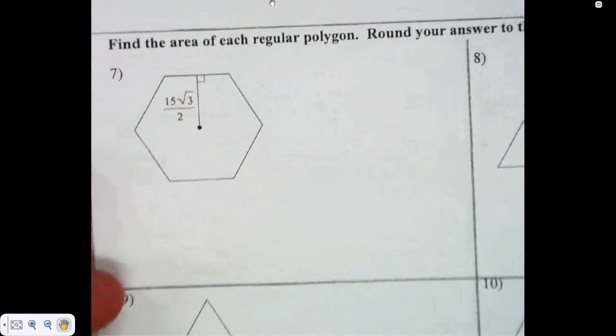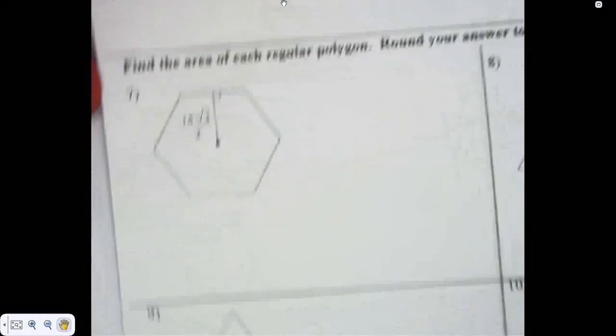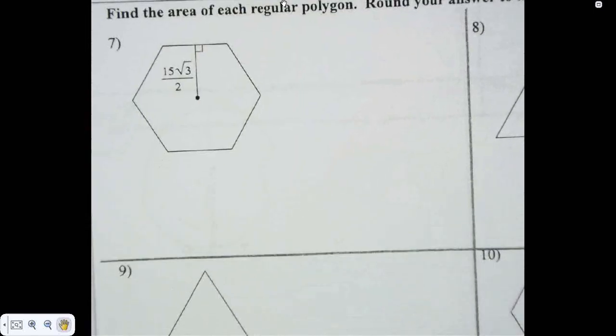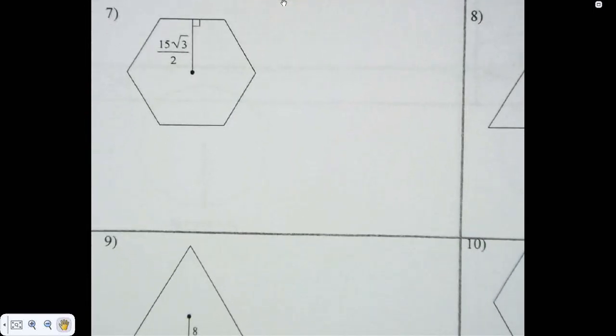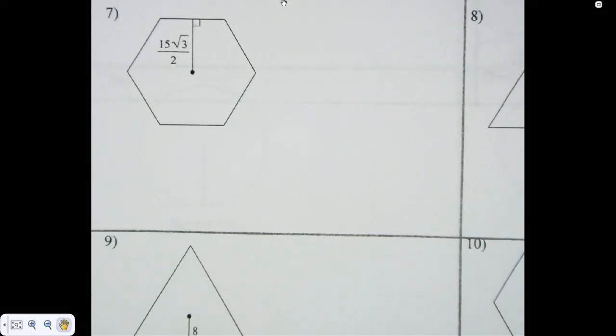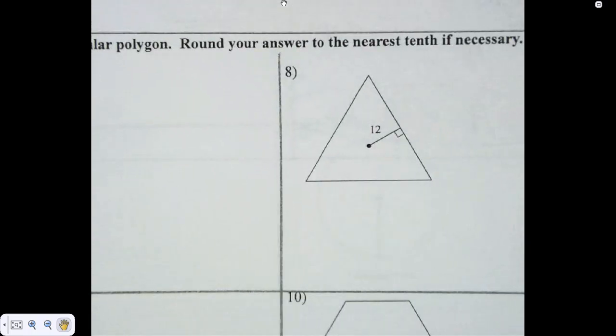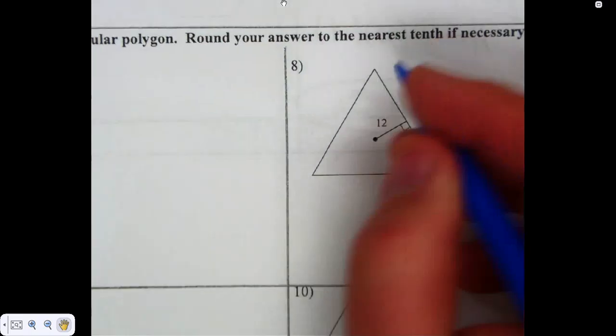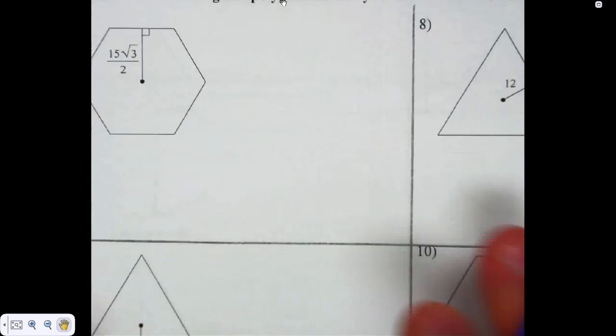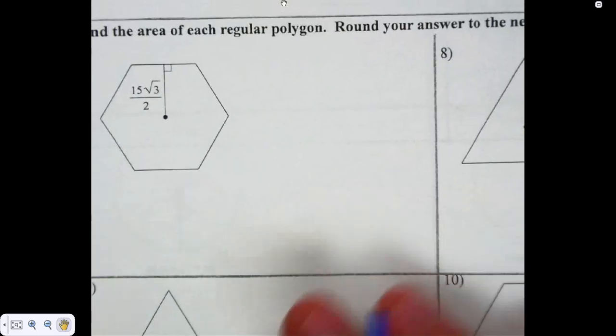Look at number 7. First, what are your directions? Find the area of each regular polygon. Find the area, so we're rounding to the nearest what? So I don't need to worry about leaving things in radical form here, do I?